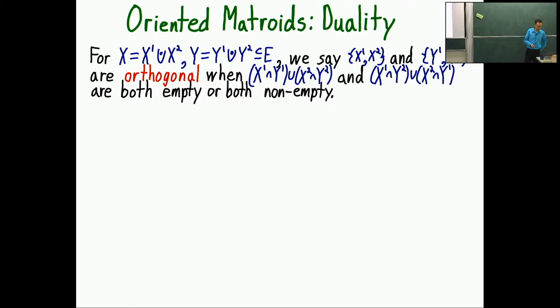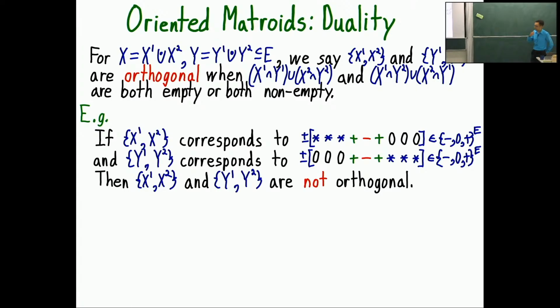It's most illustrative with a non-example. If I think of signs again and have a bipartition that corresponds to the signs of the first vector, and another bipartition that corresponds to the signs of the second vector, if one of these is empty and the other is non-empty, that means they have the same sign on their common intersections.